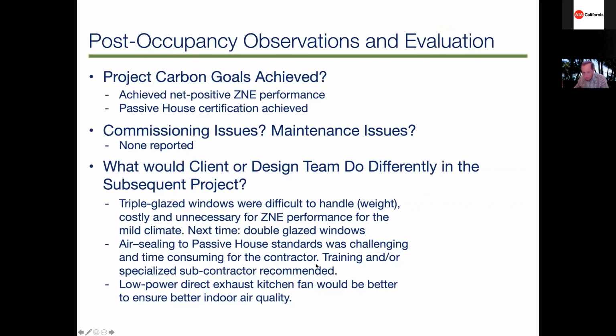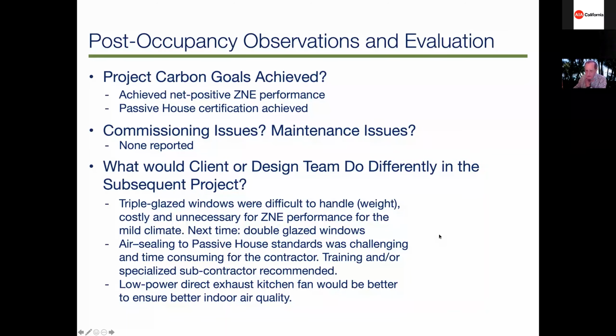If you have to learn on the fly and don't have anyone advise you, you will be doing that blower door test over and over again to get the number finally down to where you want it to be. And the last thing is, as I mentioned, the owner now says he would do a direct exhaust kitchen fan with a much lower airflow rate.